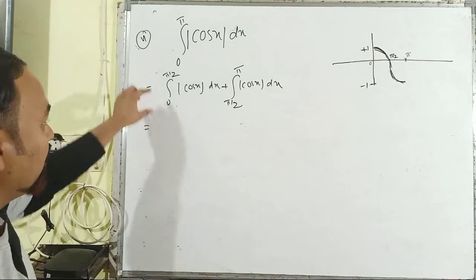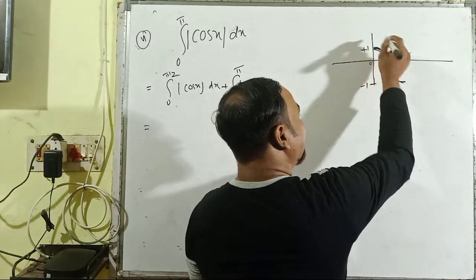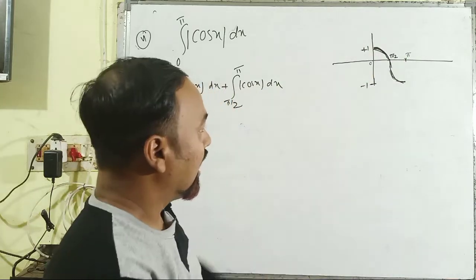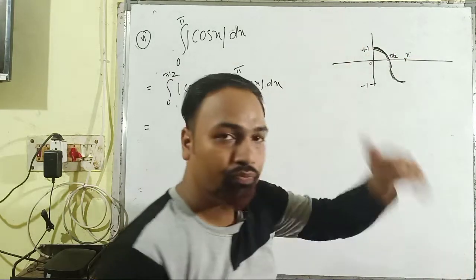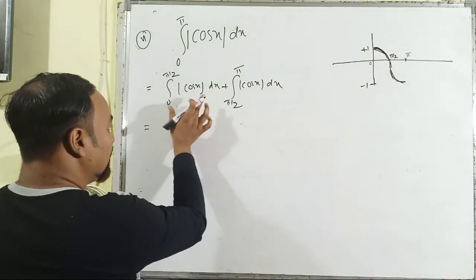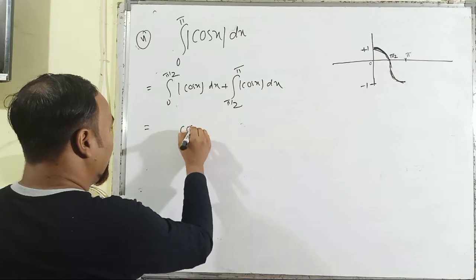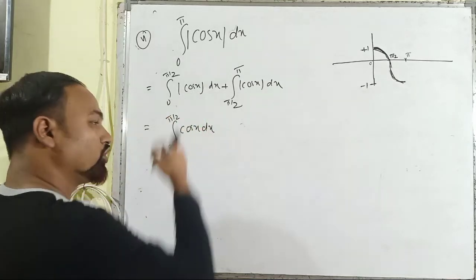In the first interval 0 to pi by 2, the cosine function is positive because it lies above the x-axis. And from pi by 2 to pi, the cosine function lies below the x-axis. That means it is the negative interval. So in the first interval, we can get cos x in place of modulus of cos x.